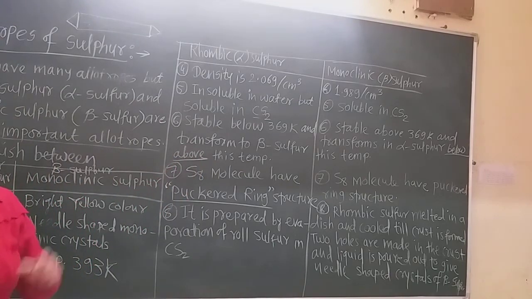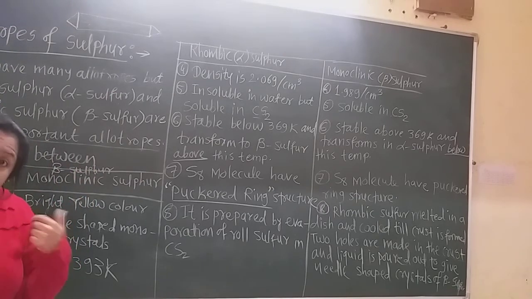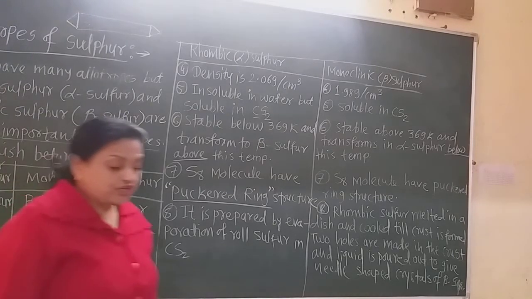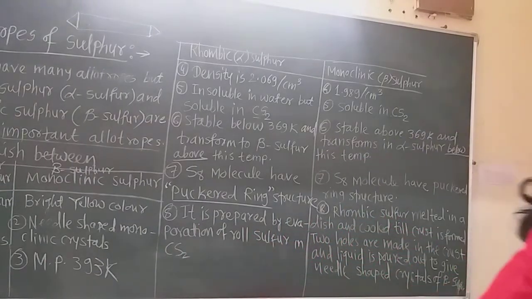But this monoclinic sulfur, which is more stable above 369 Kelvin, gets transformed into the alpha sulfur, that is rhombic sulfur, below this temperature, that is 369 Kelvin. Below this temperature, the beta sulfur converts into the alpha sulfur.